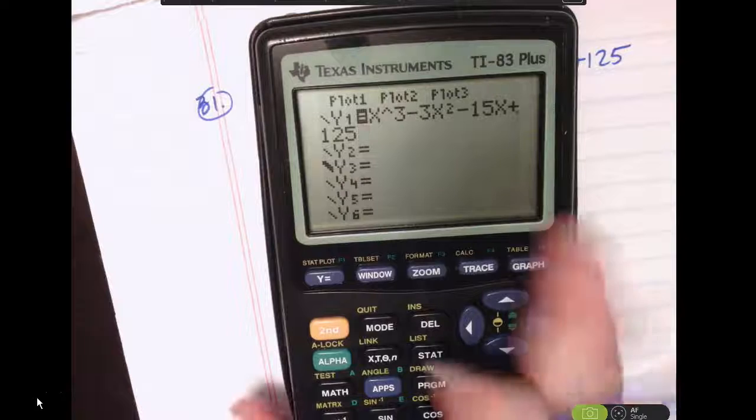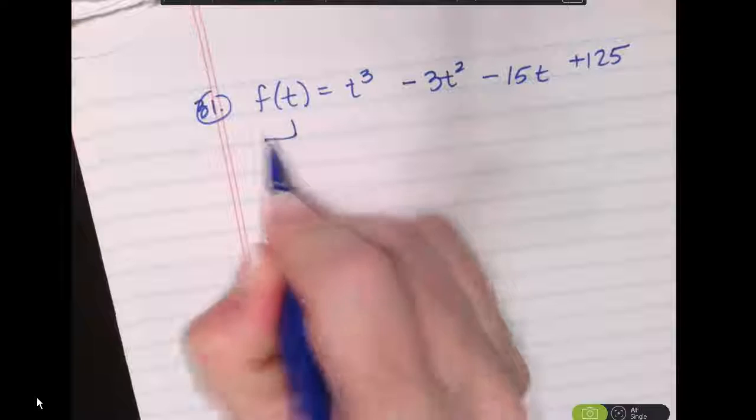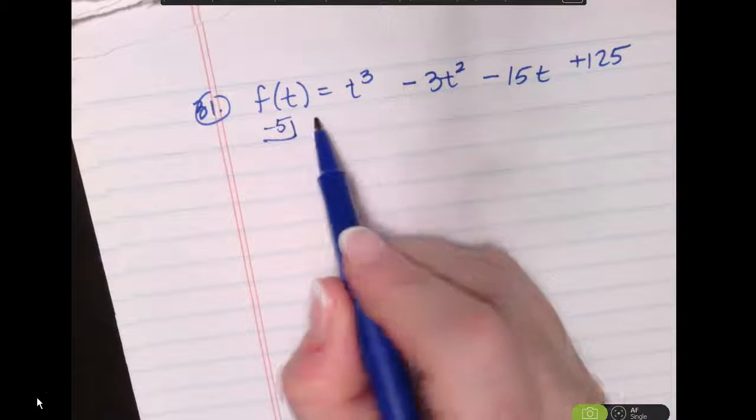So you can see how I entered that in. So I can't really see all the zeros, but I think if I just take out 1, then I'll be able to FOIL or factor or quadratic the rest. So that root is at -5, so I'm going to go ahead and synthetically divide that out.